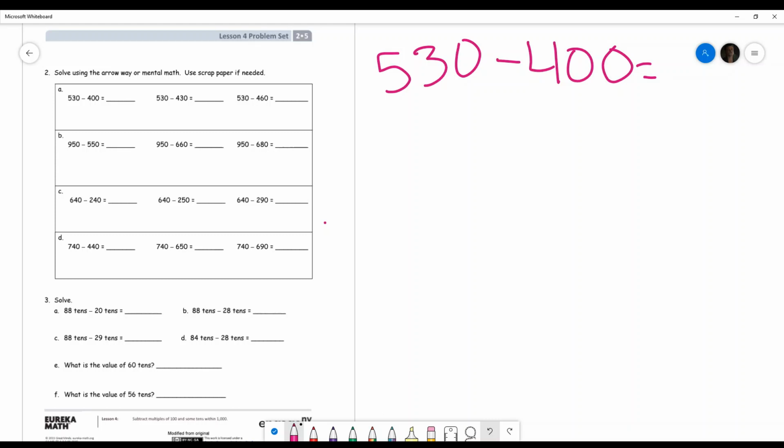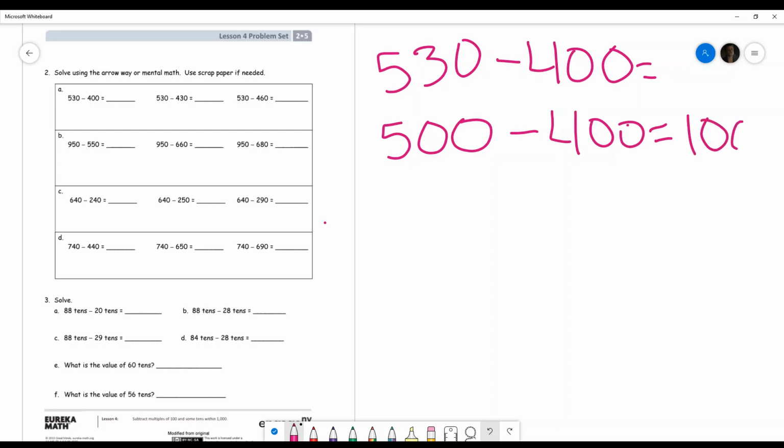So I'm going to take 500 and put that 30 aside in my head. 500 minus 400 is 100 because 5 minus 4 is 1. But I still have my tens to subtract, right? Now in my head, I'm going to take away my 3 tens.